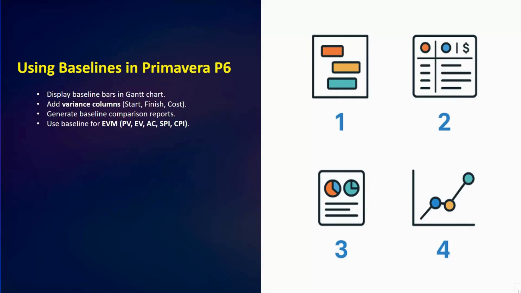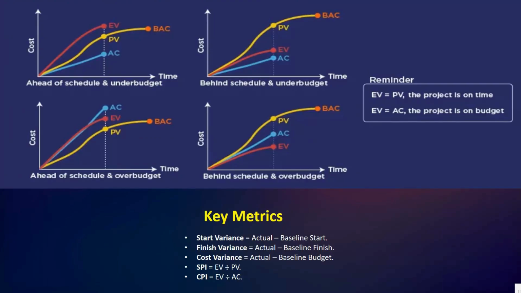Okay, so in short, baselines in P6 are not just a reference; they are actively used for controlling, analyzing, and reporting project performance. Actually, these things are very important for your interview and for your project monitoring and controlling. After that, we have the key metrics: start variance, finish variance, cost variance, SPI, CPI.